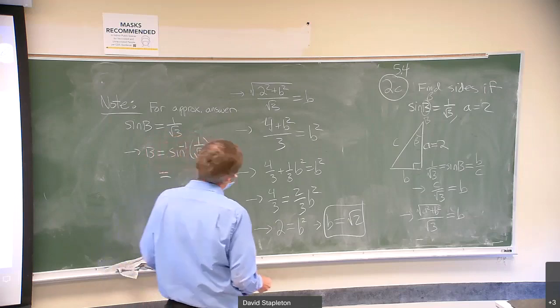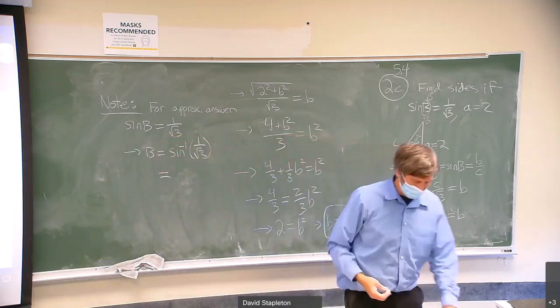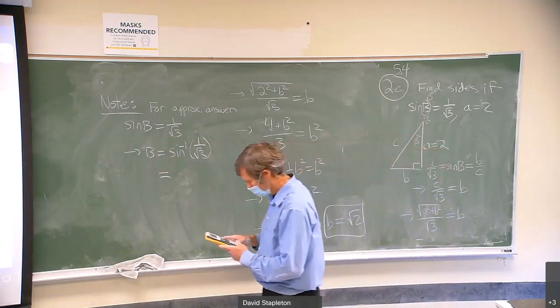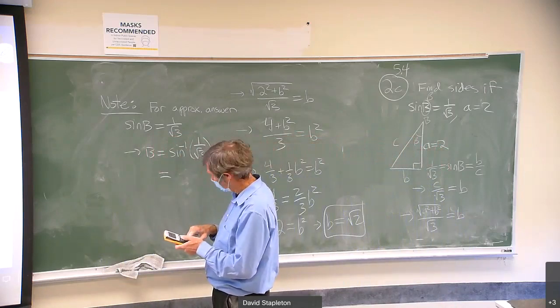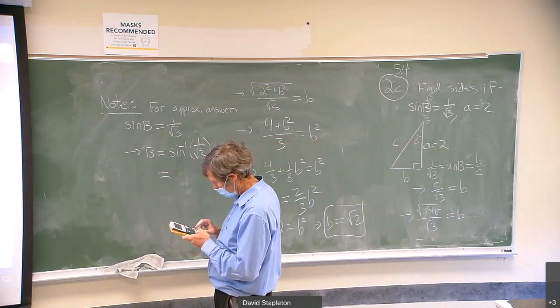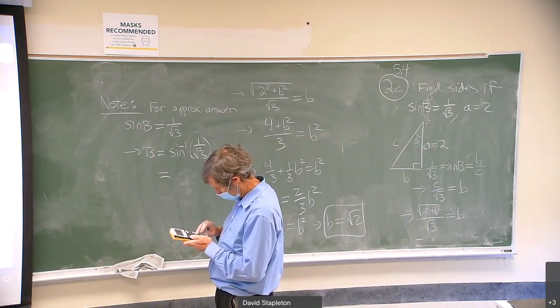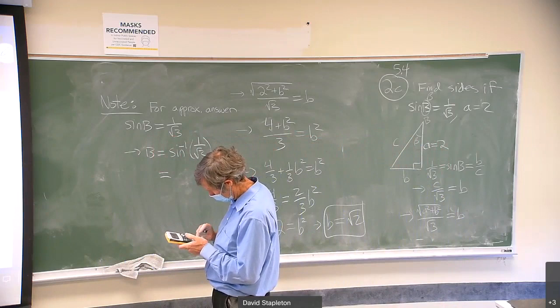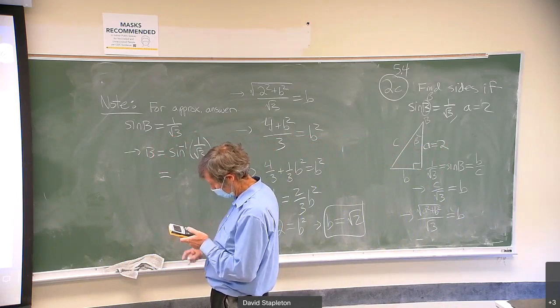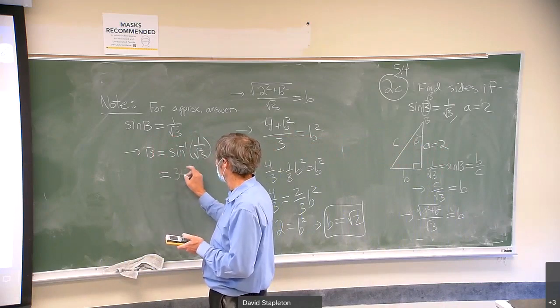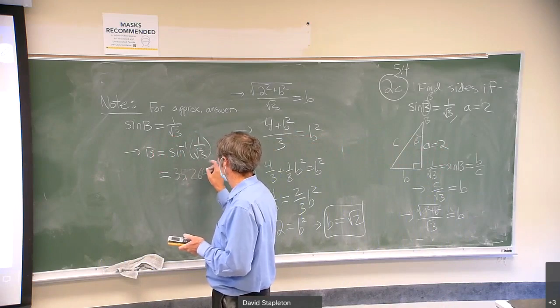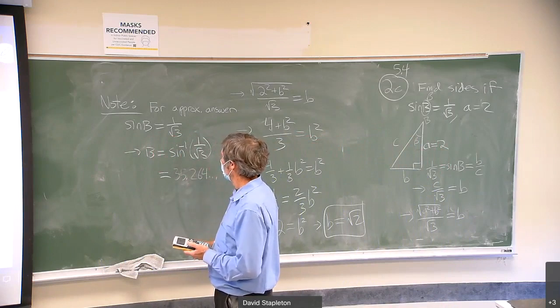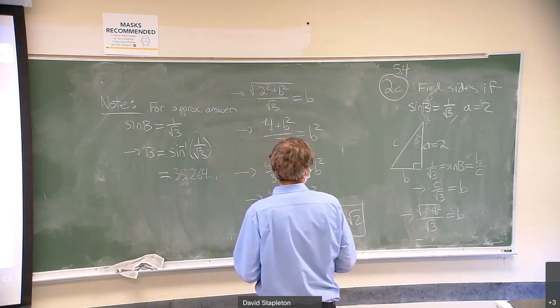Now I can run that on my calculator. Inverse sine of 1 divided by square root 3 gives me 35.264, etc.